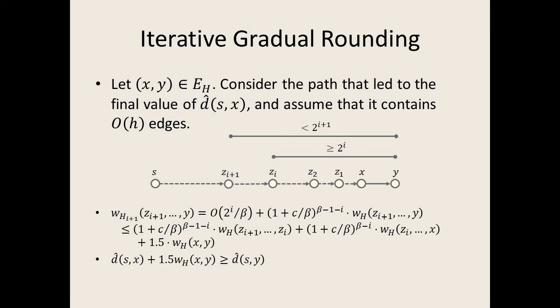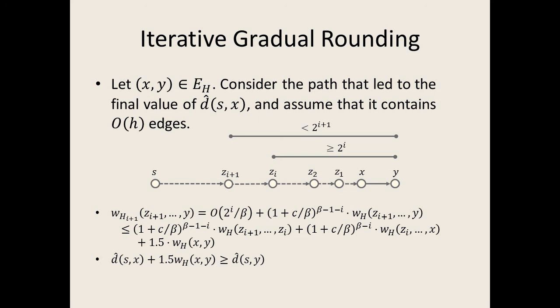So why does the triangle inequality hold now? Let us fix some edge xy and consider the path in edge that led to the final estimation of x from s. That is, the final estimation is equal to the weight of some path in edge 1 that possibly starts with a shortcut, and this shortcut corresponds to a path in edge 2 with another shortcut, and so on.